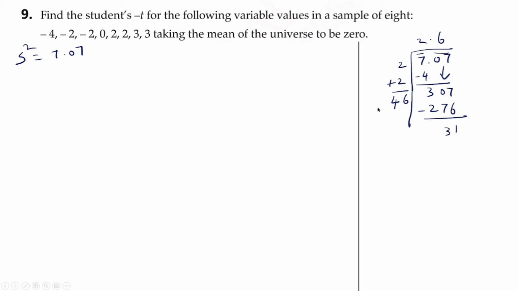Now again, if we want one more decimal value, let us add 2 more zeros. Adding zeros after the decimal point does not change the value. So let us bring these 2 zeros next. Now after this we have to add this 6 to this divisor. So 46 plus 6 is 52. So let us try 5.